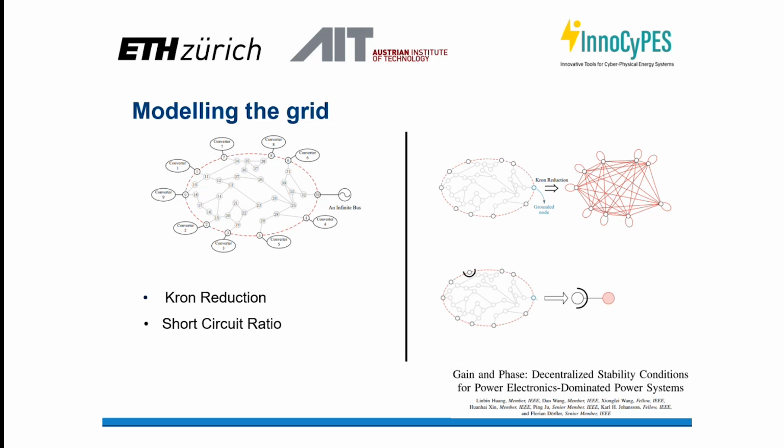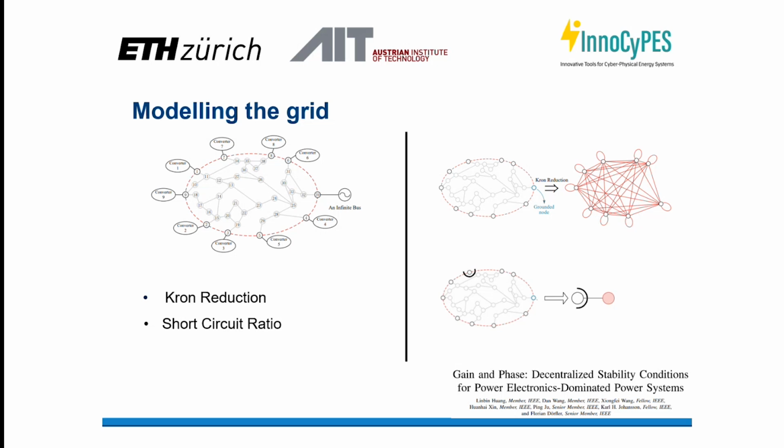So essentially, they are different. One could be taken as a totally decentralized approach like this. So we don't rely on anything more than our own information and maybe information of the neighborhood. Meanwhile, the Kron reduction relies on having the full structure of the model of the grid.